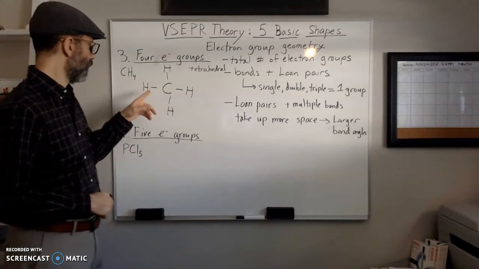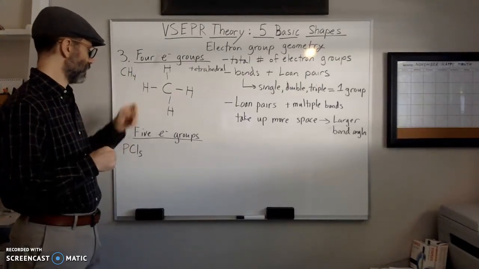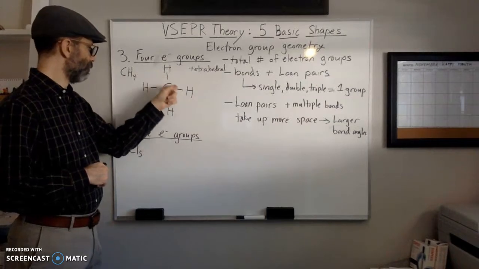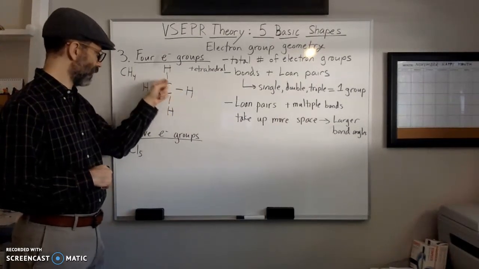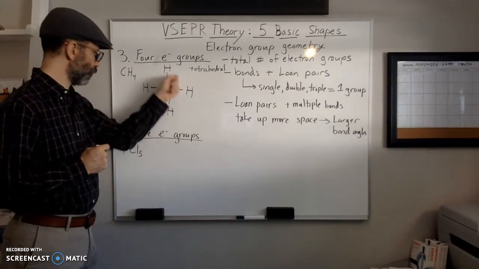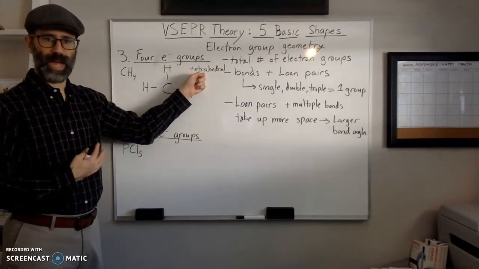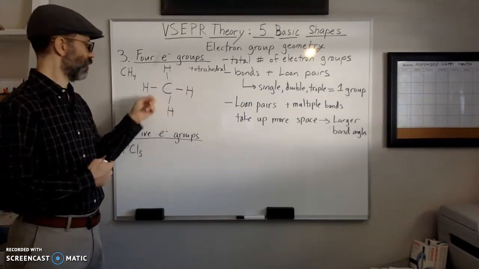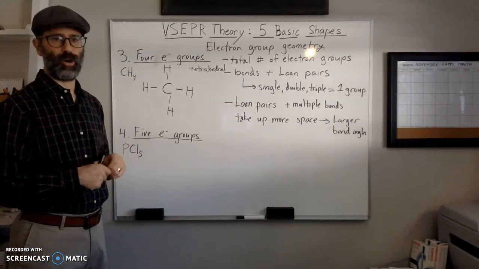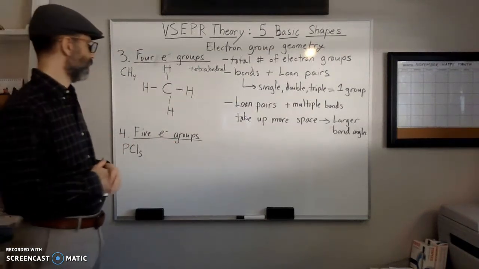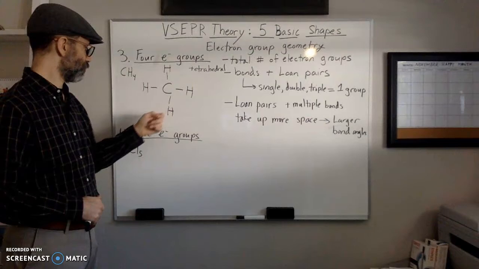The idea is that all four of these are pushing each other. I have 4 electron groups, all bonding groups, no lone pairs, so the total is 4. Therefore, I know that this molecule has a tetrahedral shape. Even though it doesn't look like it, I know it has to be that shape because of what VSEPR theory says. Okay, so that's tetrahedral.